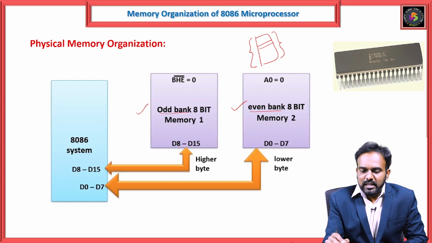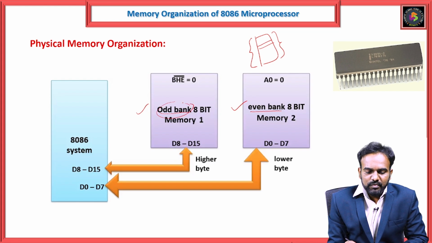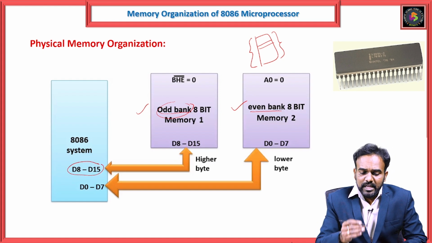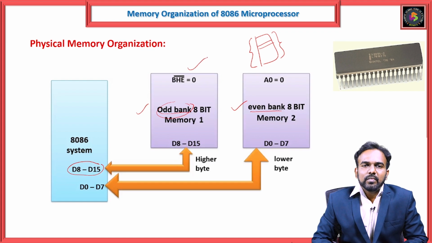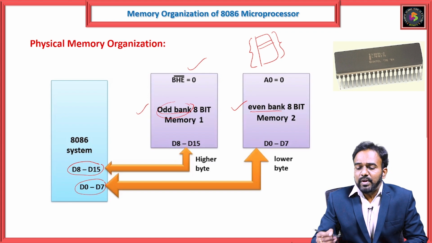To access the data from the odd bank of the 8086 microprocessor, we use the D8 to D15 data lines. By using the D0 to D7 data lines, we access the data from the even bank.